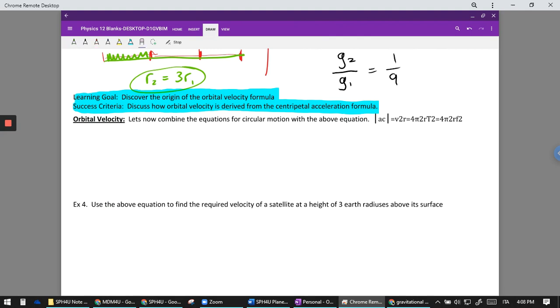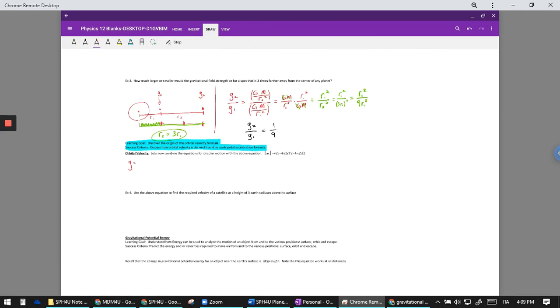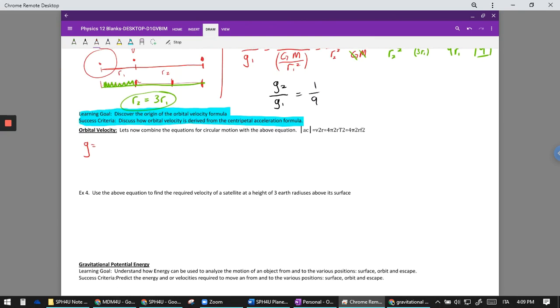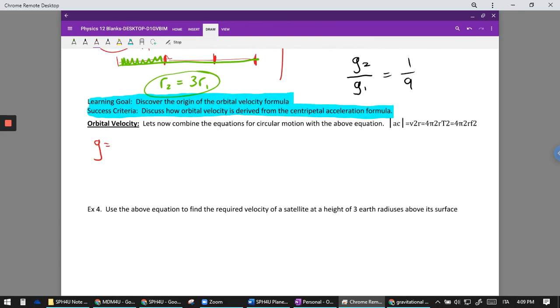Let's switch with the R. G is going to be GM over R squared. Right? That's the acceleration of gravity. All right? And let's go ahead and draw a theoretical planet.